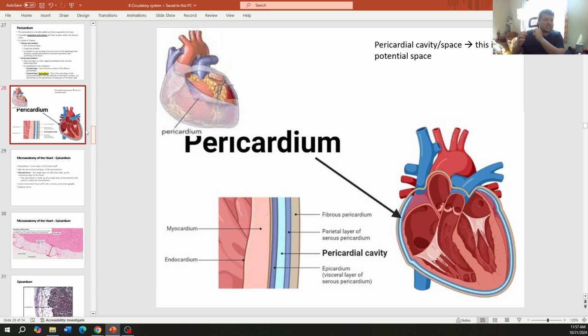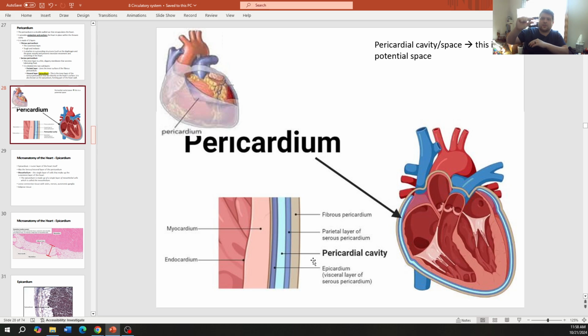So having this layer of lubricating fluid reduces and almost eliminates all of the friction, so heat isn't produced. And we have this little space, or this potential space, because in reality, these layers are so close together that essentially the epicardium, or that visceral layer, is slapped right up against the parietal layer.